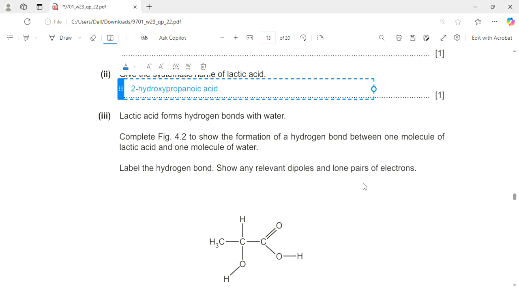So lactic acid forms a hydrogen bond with water. Okay, complete figure 4.2 to show the formation of the hydrogen bond between one molecule of lactic acid and one molecule of water.